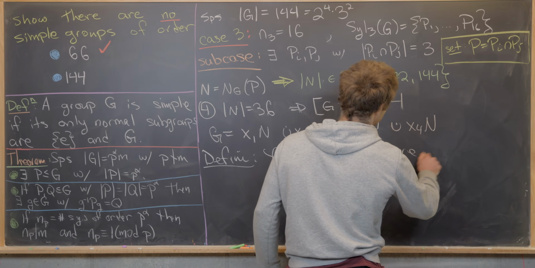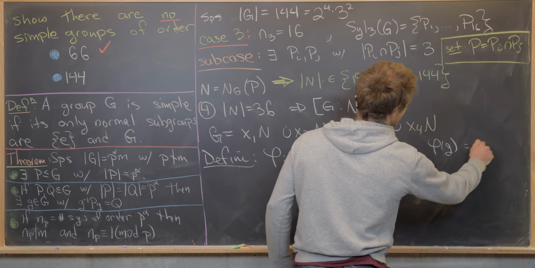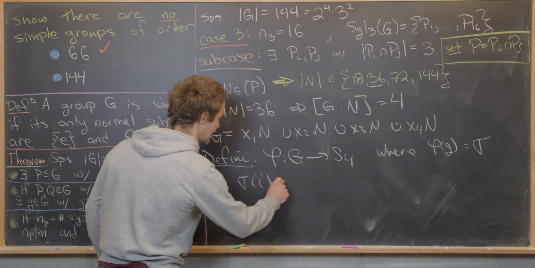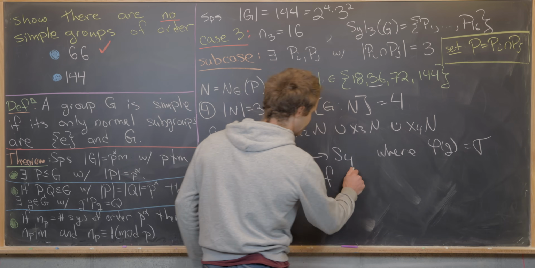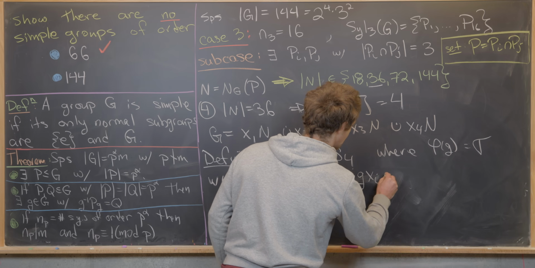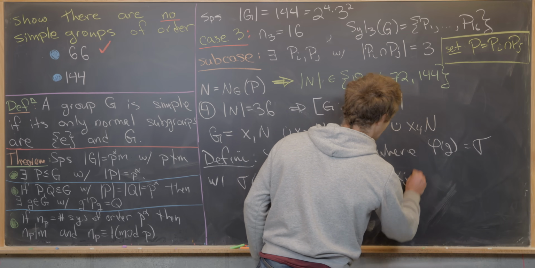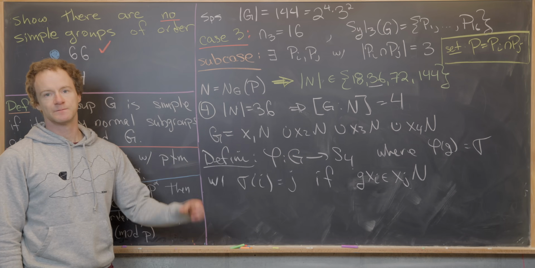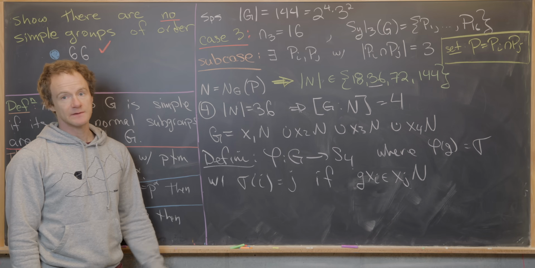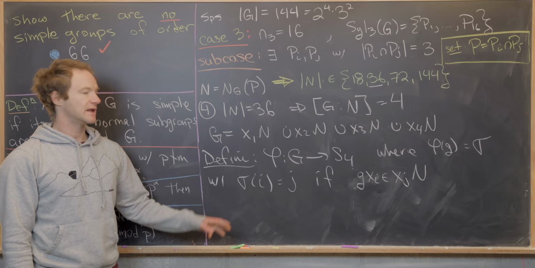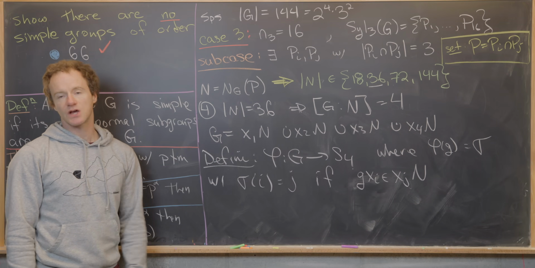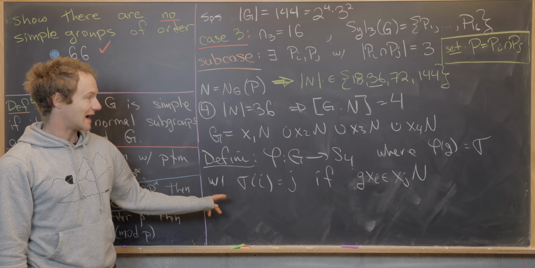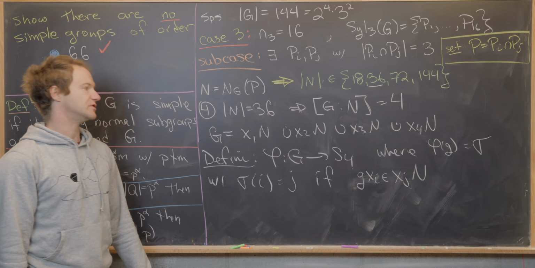Where phi of little g equals sigma, with sigma(i) equals j if g times xi is in the coset xjN. So we take one of these coset representatives, left multiply by g, it's still in the group, but it being in the group means it's in one of these cosets. It might be in a different coset, and that's how we decide how to define this permutation out of our group element.